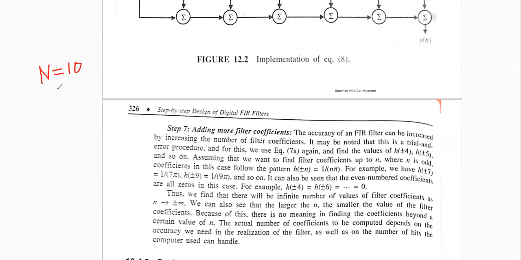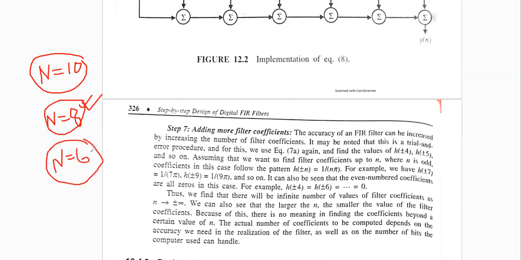For order equal to 10, you are more than happy. Then I would prefer to go for n equals 8 and see how the filter works. If you are happy with this, stick with that. If you are again more than happy, then go for n equals 6. If you are happy with that, stick with that. You got my point?